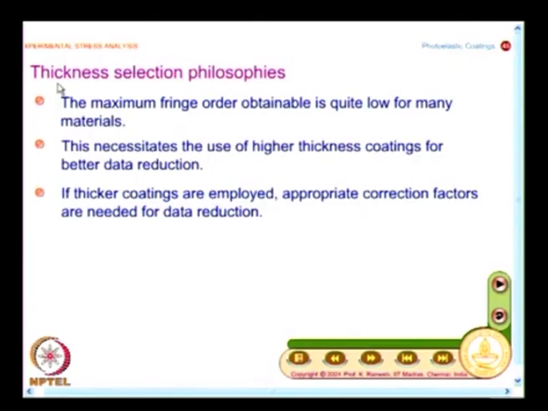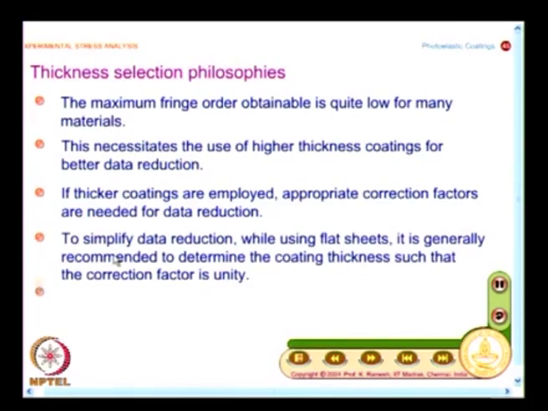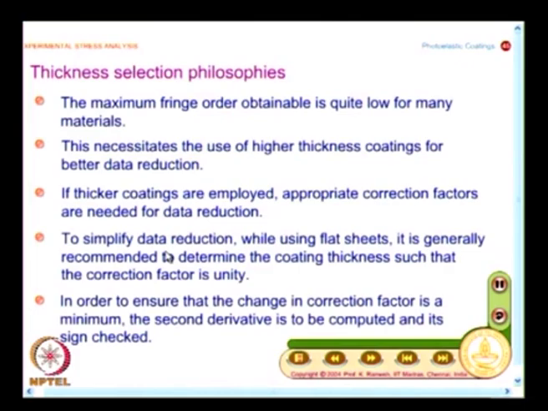So, you need thickness selection philosophies for you to address these issues. And to simplify data reduction, as I have also mentioned earlier, while using flat sheets, it is generally recommended to determine the coating thickness such that the correction factor is unity.